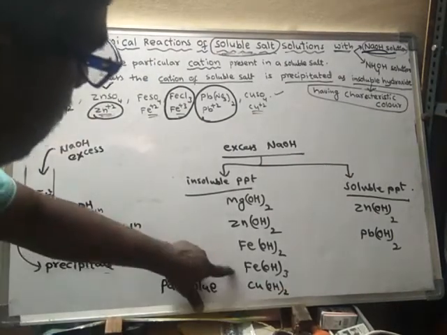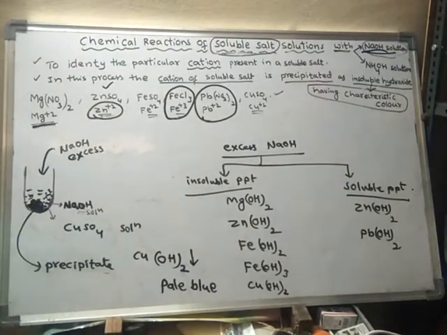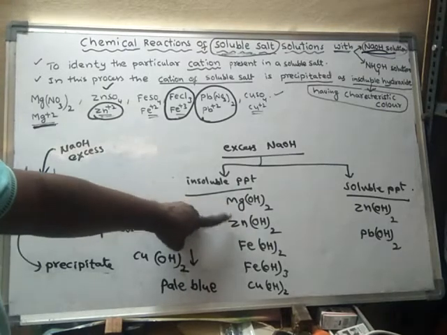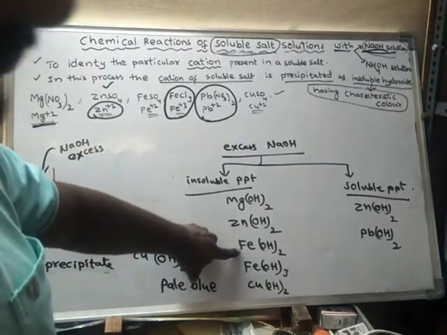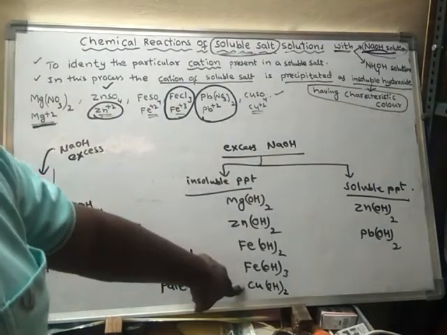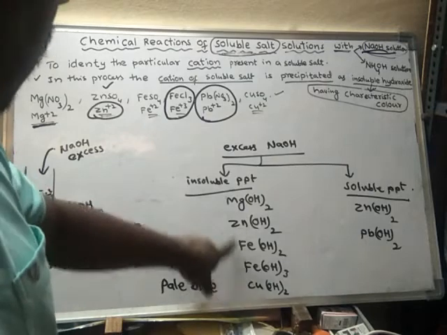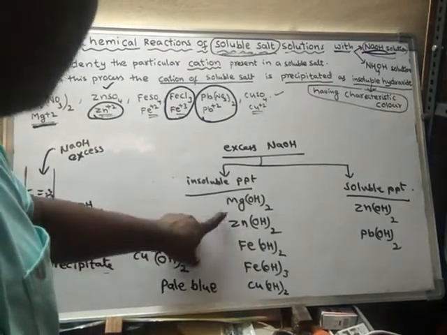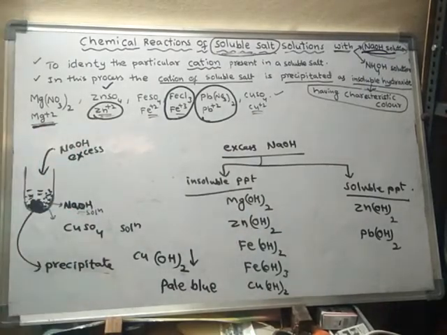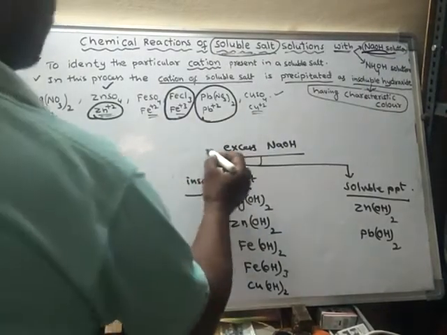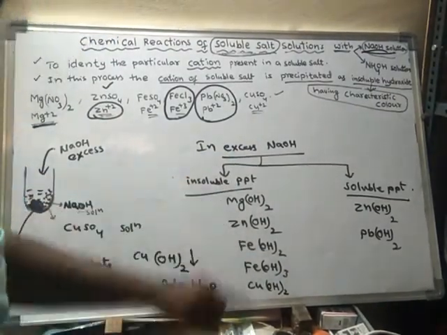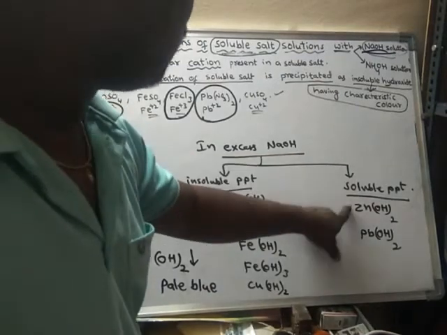So these are all insoluble in excess NaOH, and in excess NaOH, the soluble precipitates are the ones we listed earlier.